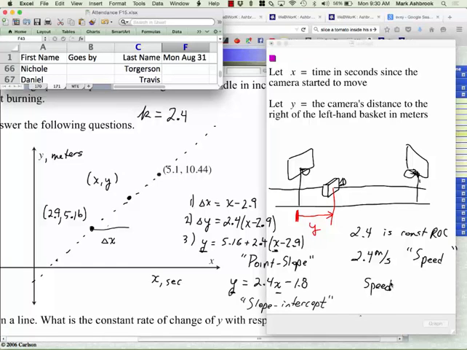Distance over time, right? Okay, so is this a corresponding time and distance here, 2.9, 5.16? So find distance over time. And is this a corresponding time and distance? So find distance over time. Go. Find the value for each.